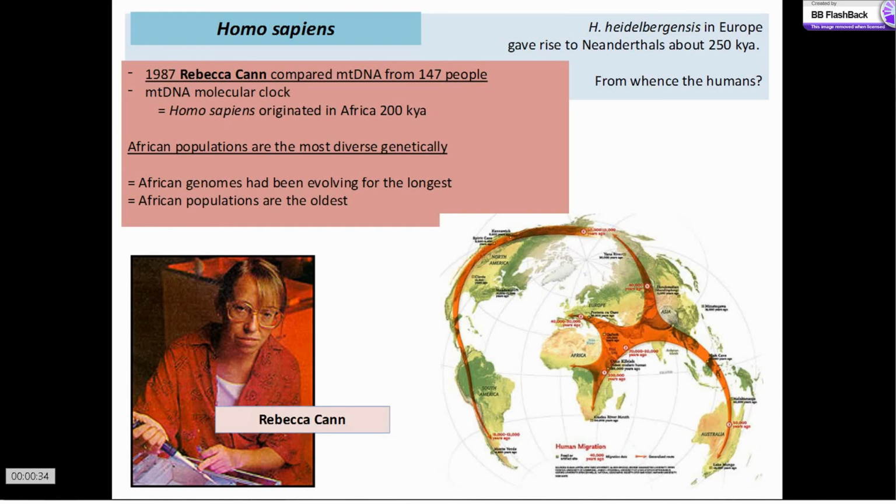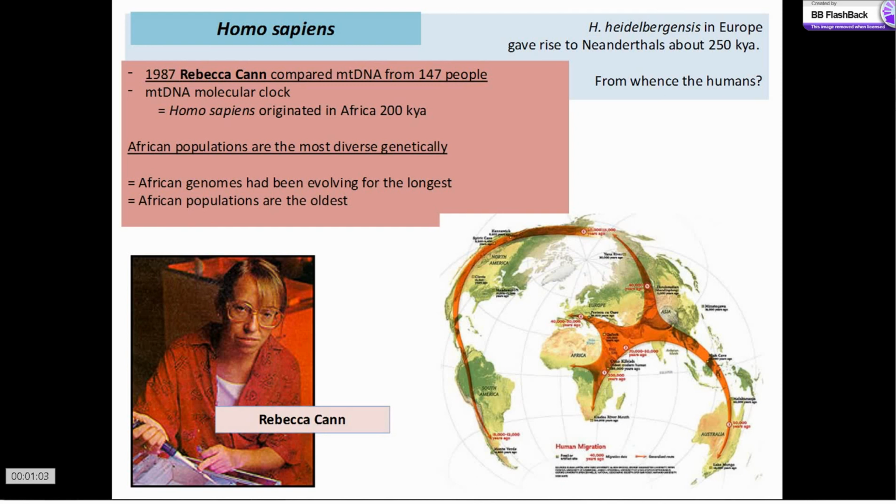But even with all that information, there has been an ongoing debate about the geographical origins of our species. Well, this lady, Rebecca Cann, in 1987, compared the mitochondrial DNA from 147 different people and devised a molecular clock. Using her molecular clock, she estimated that Africa, about 200,000 years ago, was where the first Homo sapiens appeared.